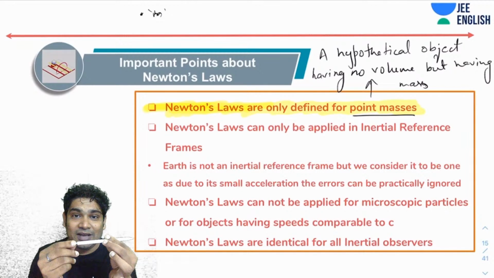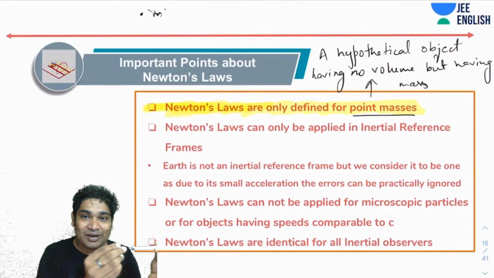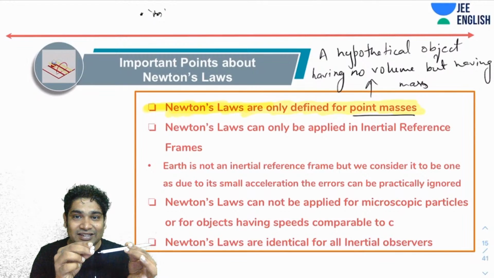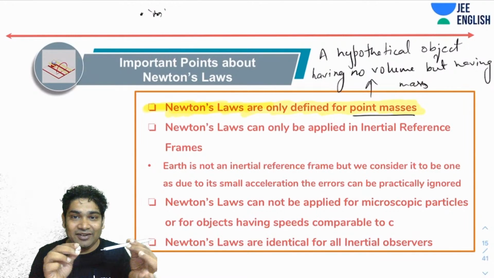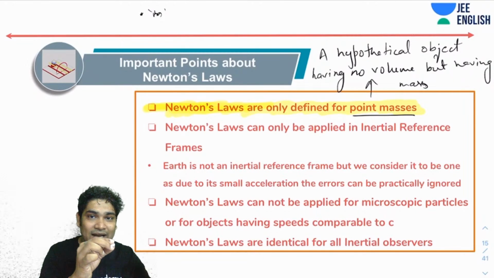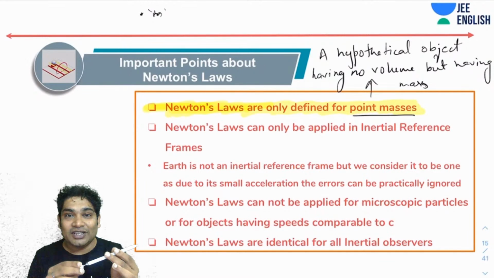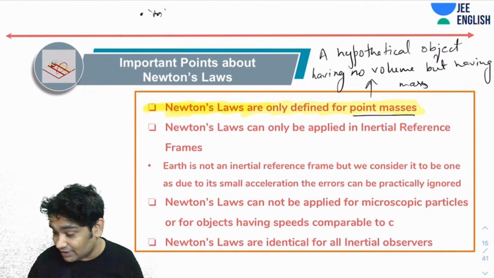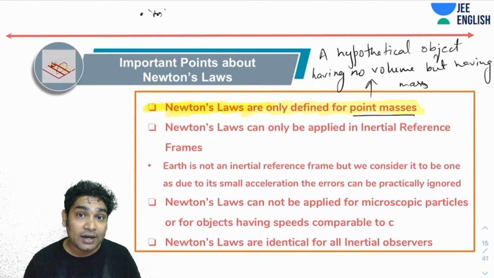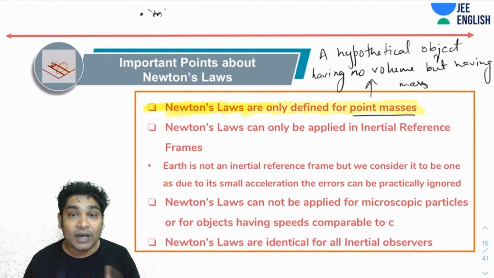Especially imagine if this part was taken apart and this part is moving with another velocity. Now again, even if both are moving with constant velocities, I cannot define one velocity for these two. Okay, so please remember that all our analysis, all our definitions are only meant for point masses.